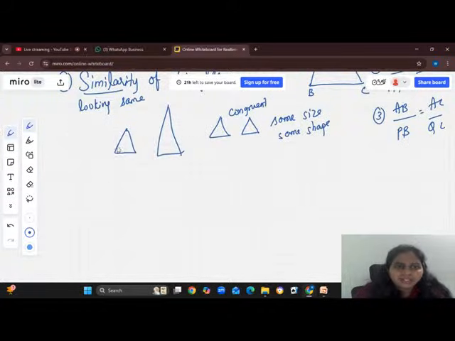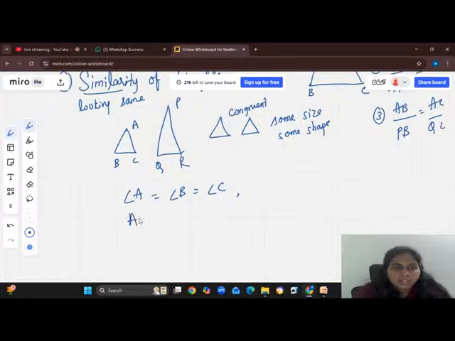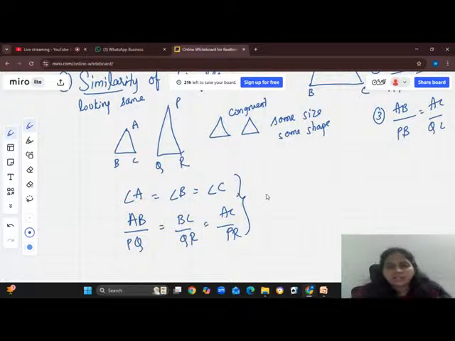If I take this as my ABC and this as my PQR, angle A equals angle P, angle B equals angle Q, angle C equals angle R, and also AB by PQ must be equal to BC by QR equal to AC by PR. If both are satisfied, then we call it congruent.